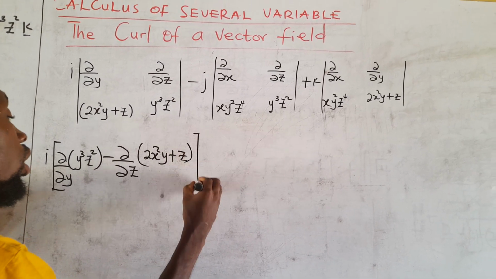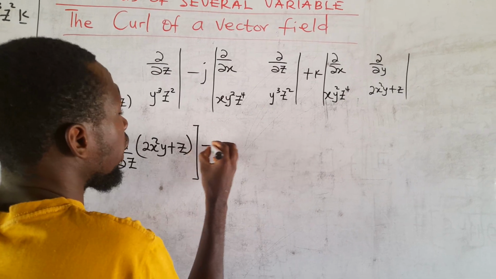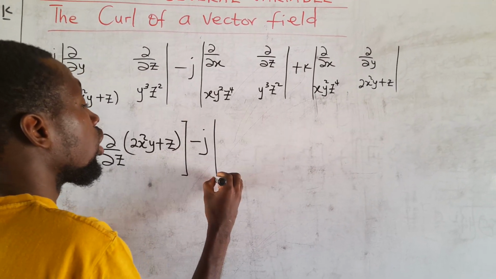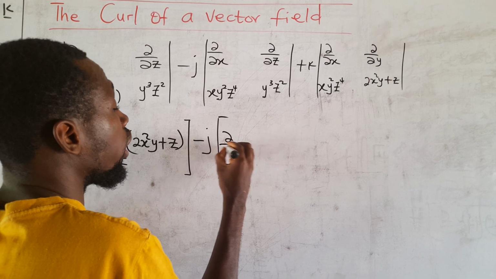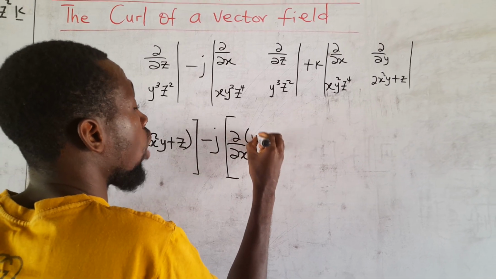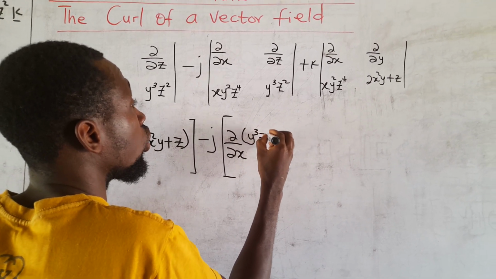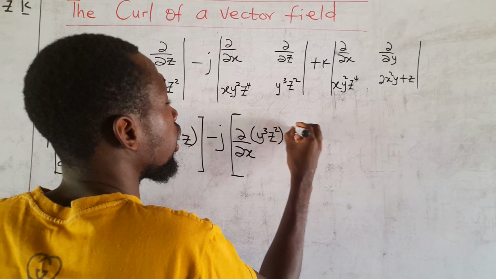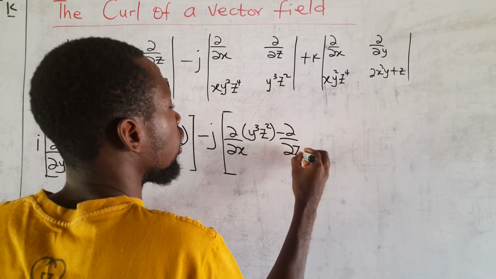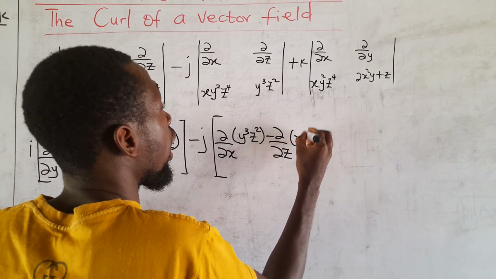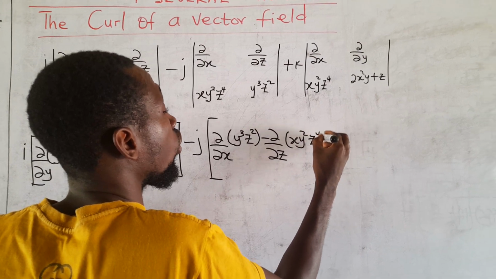That's for the i. Then minus j, del over del x of y cubed z squared, then minus del over del z of x y squared z to the power 4.